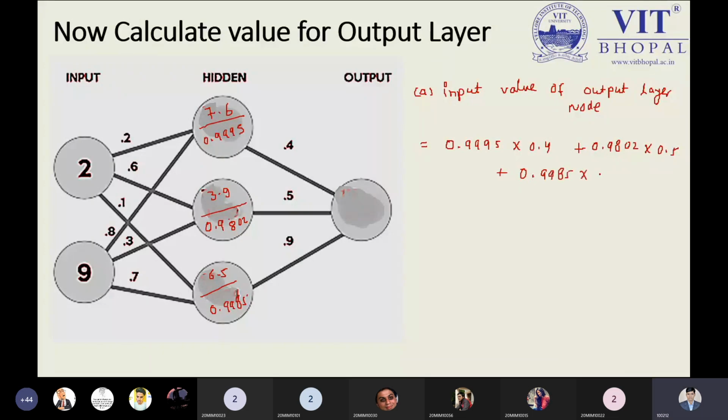Are you doing this calculation or a different calculation? Let me know right now. Yes, sir. Okay, do this calculation and tell me the value you are getting.